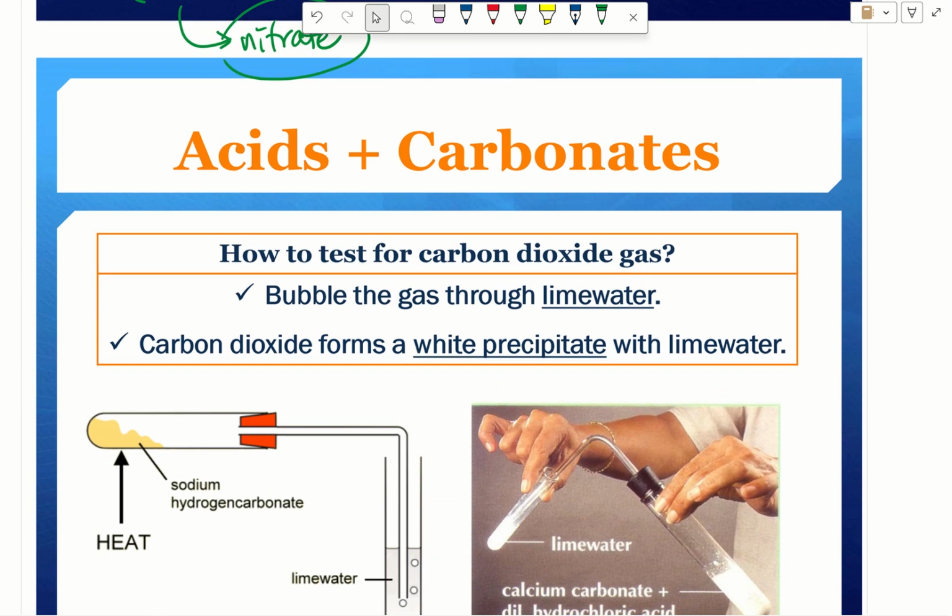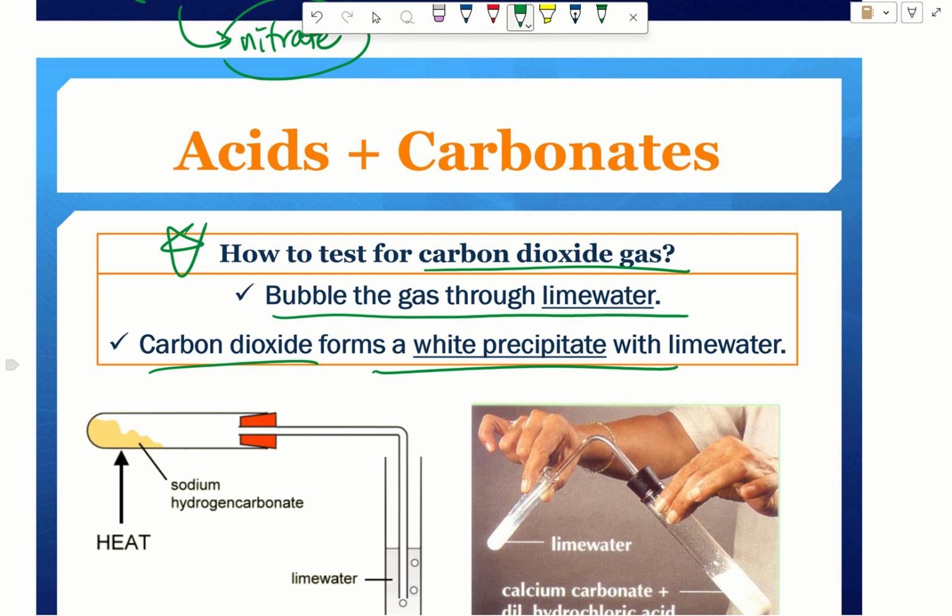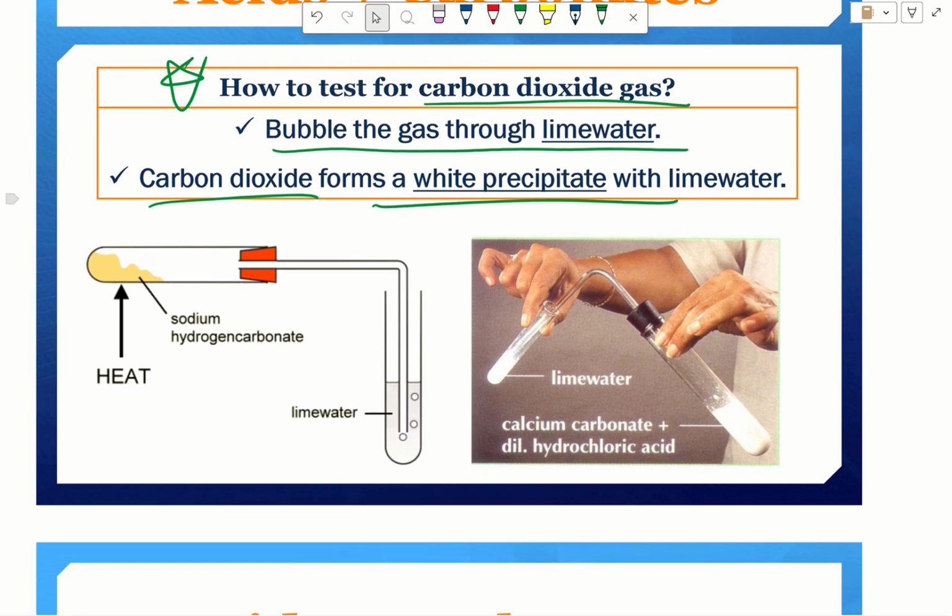So how do we test for carbon dioxide gas? This is important. We must bubble the gas through lime water, and if carbon dioxide is present, it will form a white precipitate, which is like a white solid with the lime water. We have done this practical in the lab. Take note of how we force the gas to go inside this lime water, right?